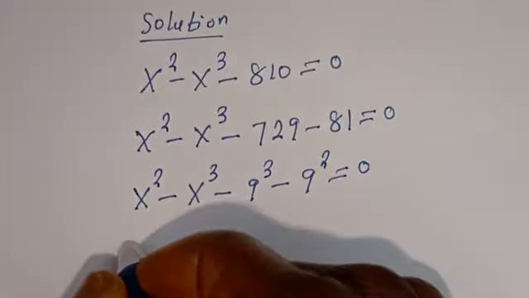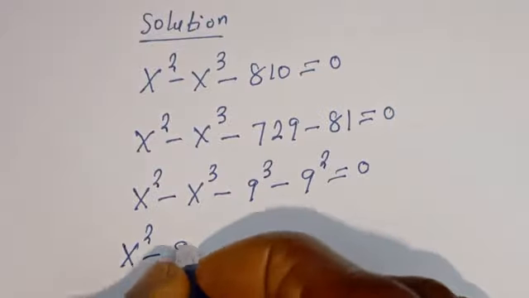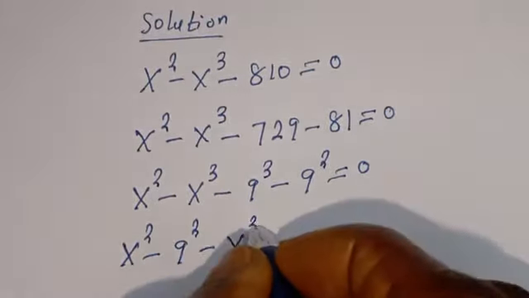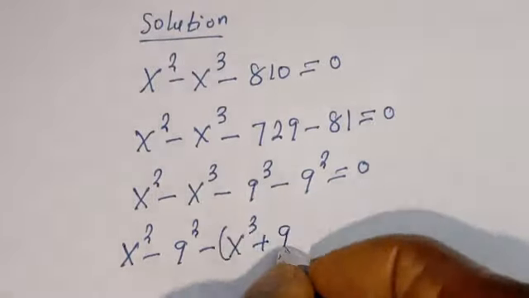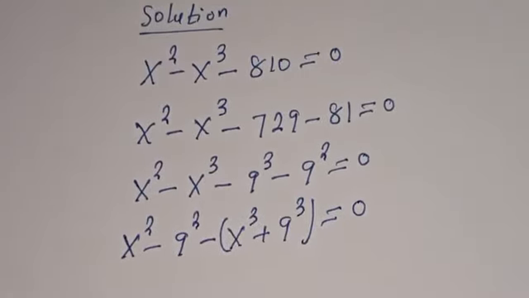Let's pair this. We have s squared minus 9 squared minus s to the power of 3 plus this 9 to the power of 3 is equal to 0.